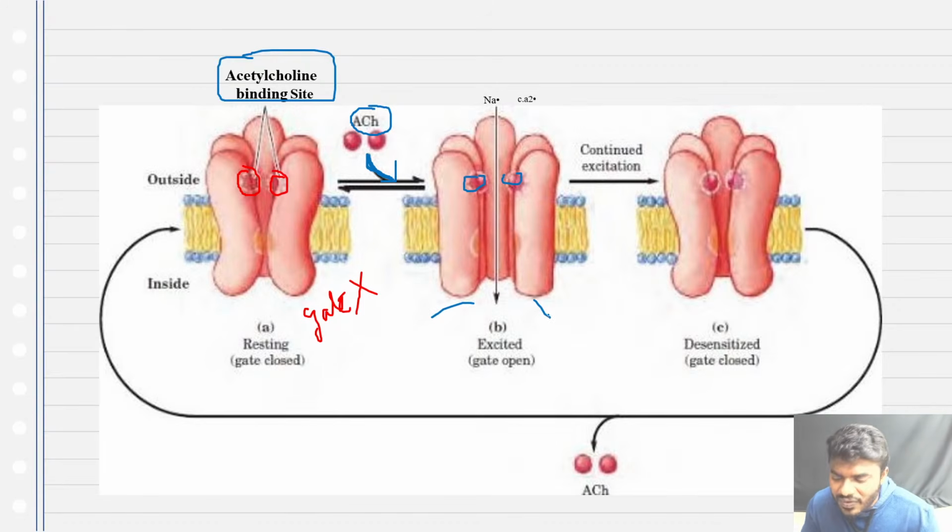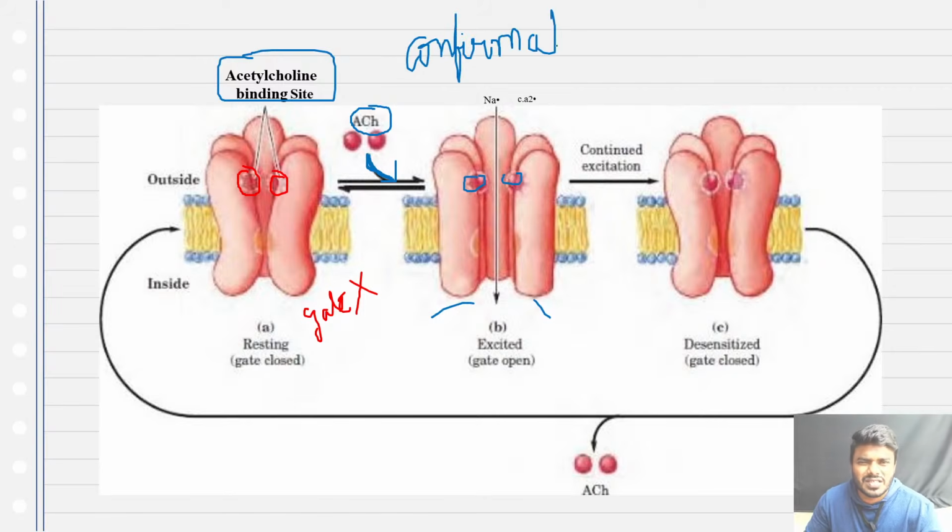Now you can ask me a very valid question. Sir, how are they getting opened? What is the cause here? The cause is very simple. There will be a conformational change. The point is very simple, friends.